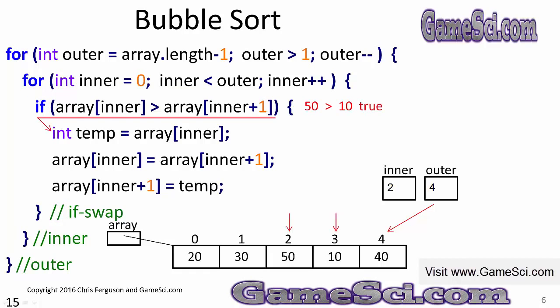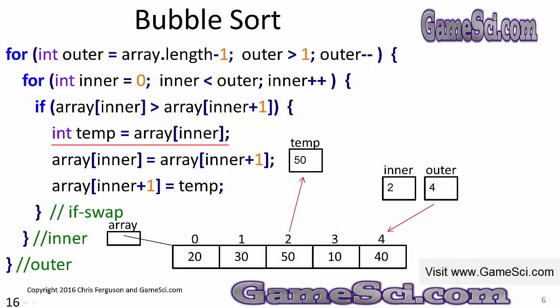Now it gets interesting. Array sub inner, which is 50, is that greater than array sub inner plus 1, which is 10? That is a true statement. 50 and 10 are out of order. Somebody needs to fix it. And that's what that if statement will do. Since this was a true statement, it's going inside the loop.